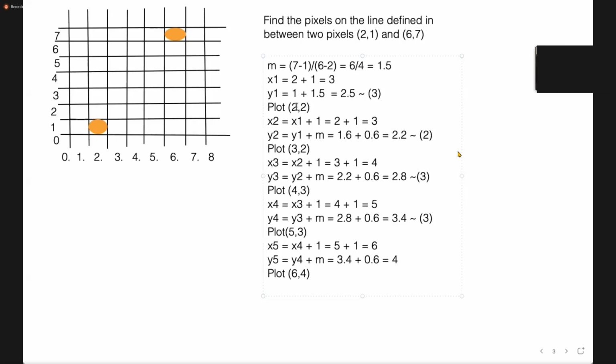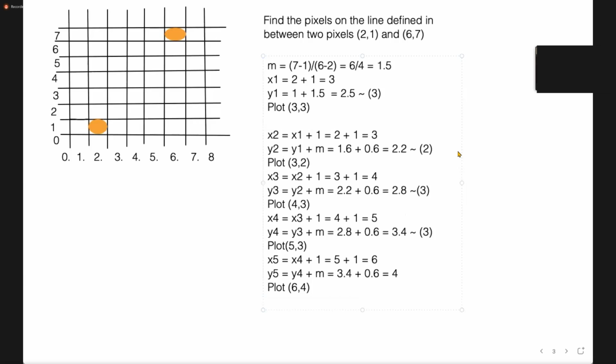Then 3 comma 3 is the first point to be plotted. Therefore, we can plot 3 comma 3 here. 3 comma 3 is here.